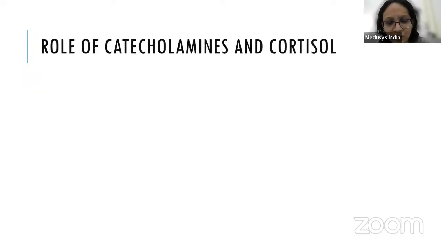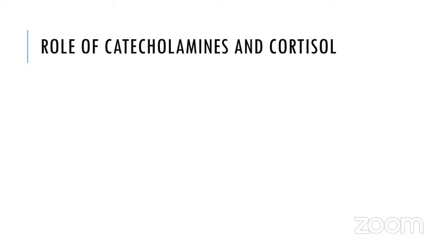So what is the role of catecholamines and cortisol in starvation? In starvation, the sympathetic nervous system is stimulated. The alpha receptors stimulate the production of insulin, and the beta receptors stimulate the production of glucagon hormone. And cortisol is like an anti-insulin hormone.